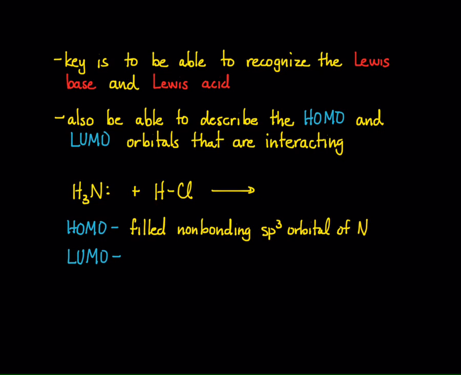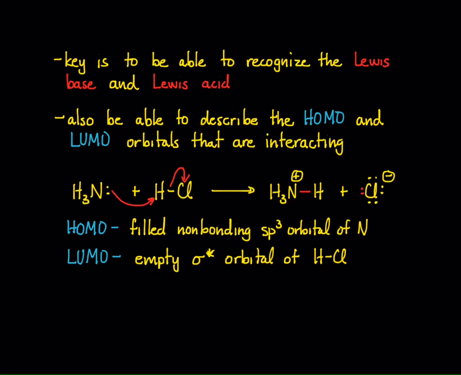The LUMO is, we should know by now what the LUMO is. I've talked about it a few times. It's the empty sigma star antibonding orbital of HCl. And since it's an antibonding orbital, when we fill it with electrons, the bond between hydrogen and chlorine is going to break. And so we get a reaction that takes place, and you produce ammonium chloride, right?